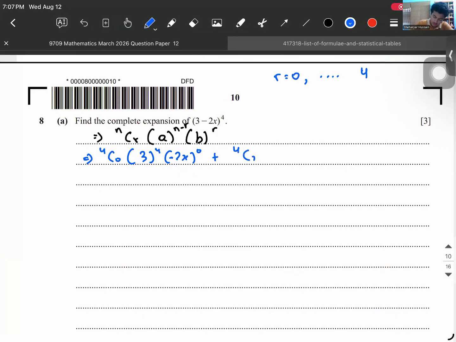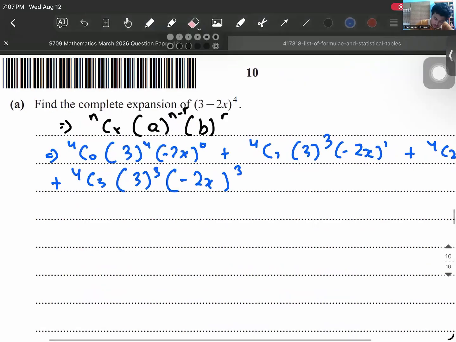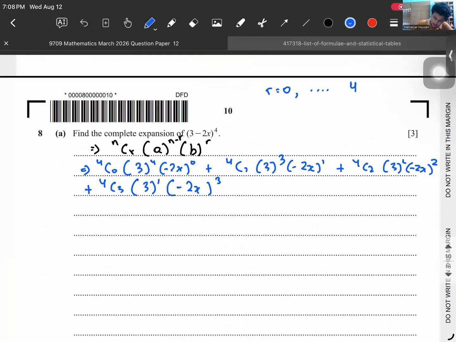So 4C1 into 3 to the power of 3 and negative 2x to the power of 1, plus 4C2, 3 squared, negative 2x squared, then 4C3, 3 to the power of 1, negative 2x to the power of 3. Oh, sorry, my bad. And then the last term, which is 4C4, 3 to the power of 0, negative 2x to the power of 4.